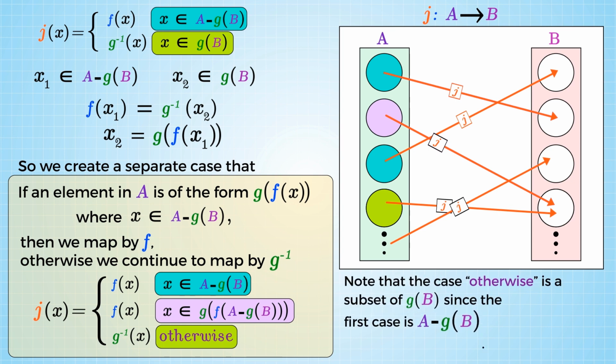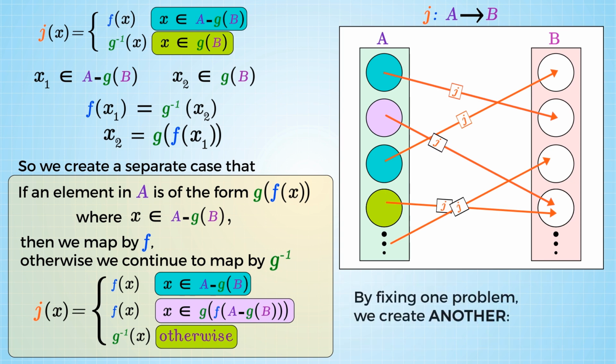Note that the case otherwise is a subset of G(B), since the first case is A minus G(B). So mapping by G inverse still makes sense. Now, we may think we're out of the woods, but by fixing one problem, we create another.